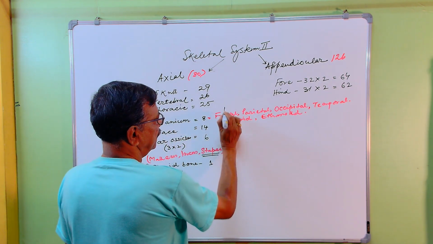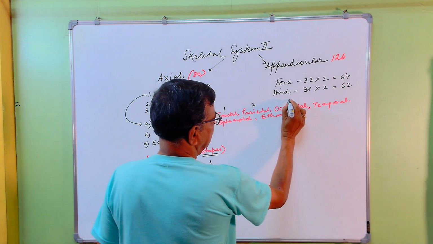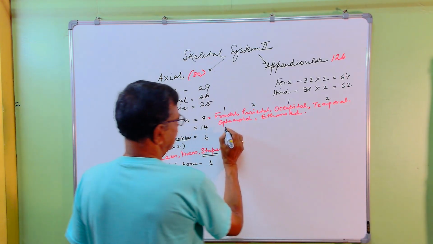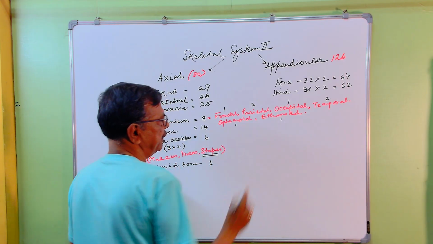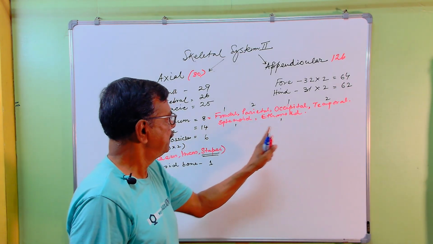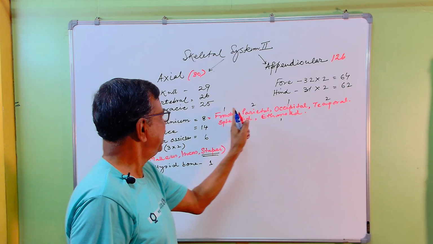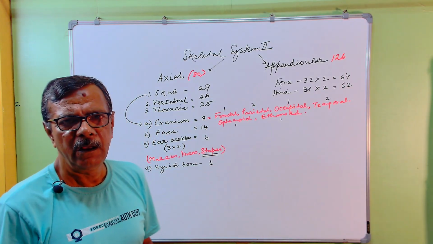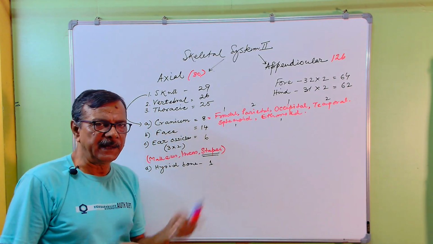Frontal 1, parietal 2, occipital 1, temporal 2, sphenoid 1, ethmoid 1. That is 2, 4, 5, 6, 7, 8. These are the 8 bones of the cranium.